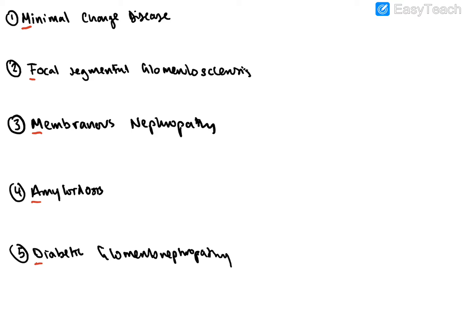So let's go through each one of these. Minimal change disease is the most common cause of nephrotic syndrome in children. It's often idiopathic. That's another key word, idiopathic.